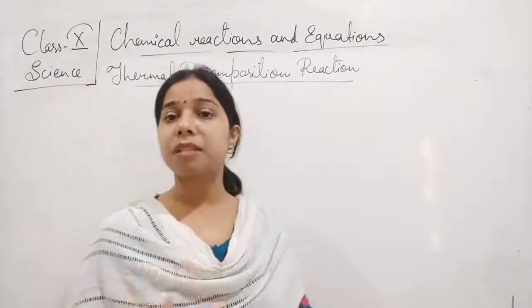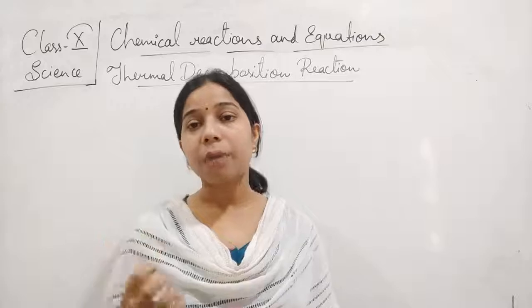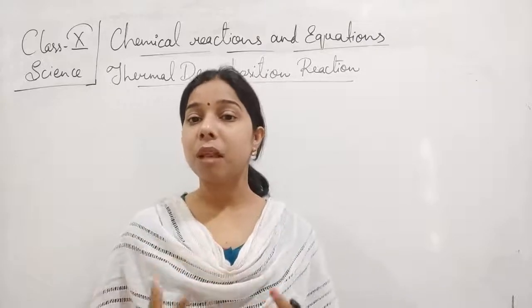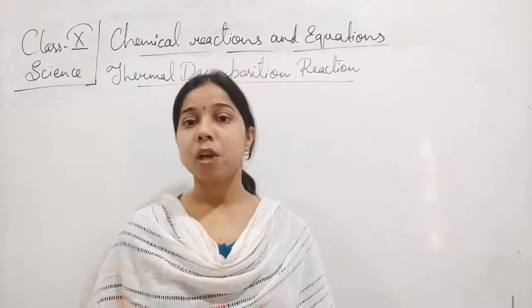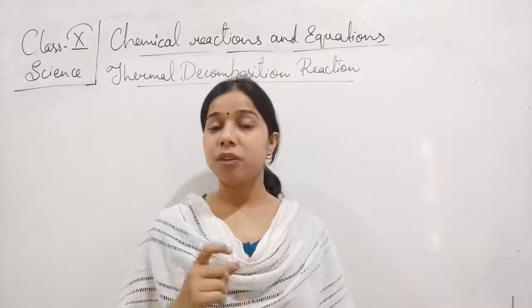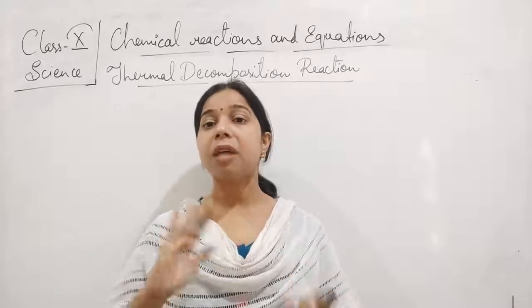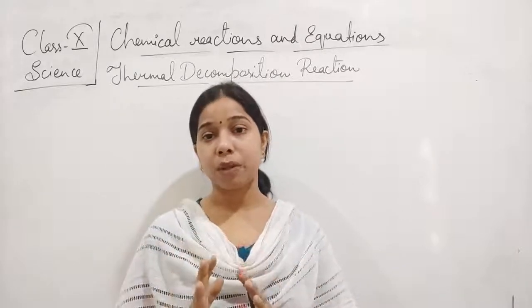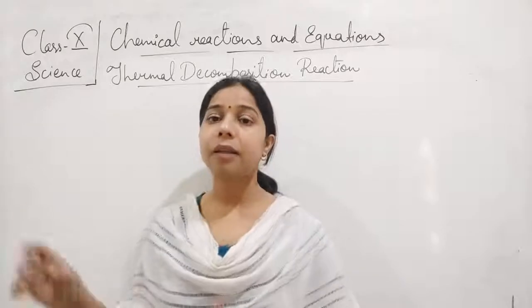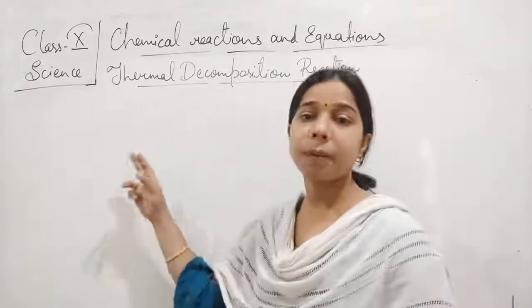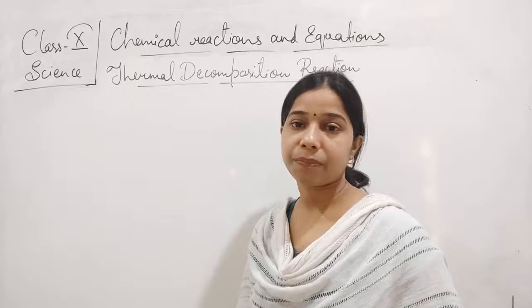How will we come to know that sulfur dioxide is coming out of it? Due to the smell of sulfur. So this is a reaction in which we supply heat and the reaction takes place.